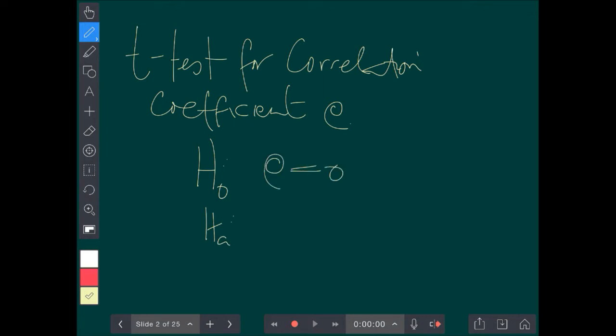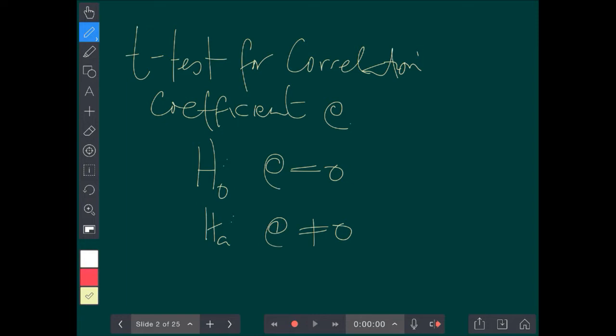That there's no linear relationship, but that rho is not 0 means that there must be a linear relationship between x and y. So that's essentially what we are looking at. Let us do this test at a 5% significance level. Let us test whether or not hours of study and exam percentage are linearly related.